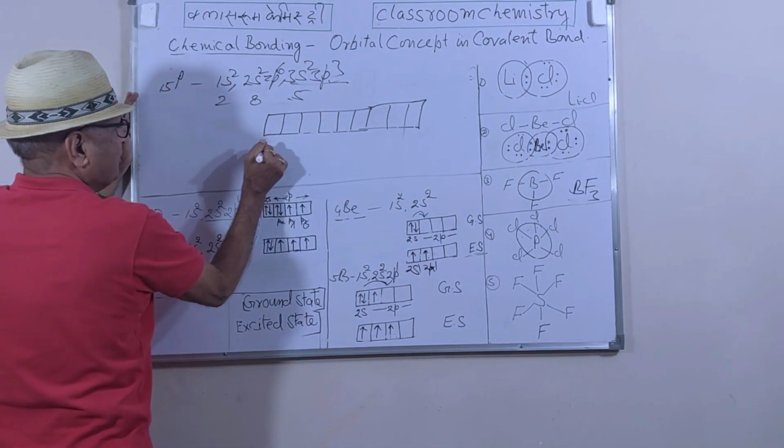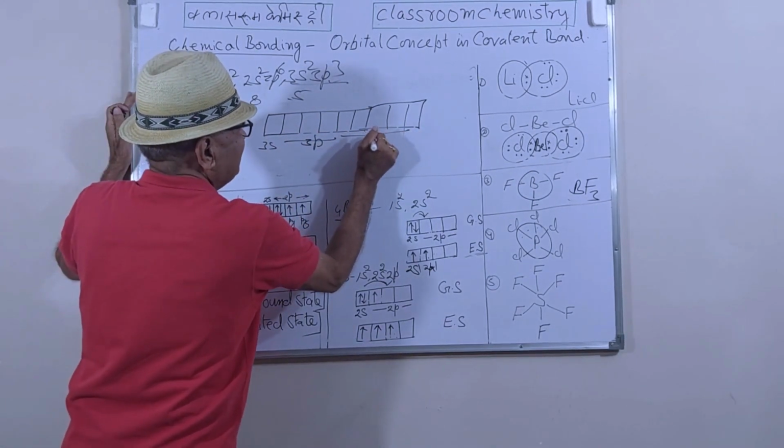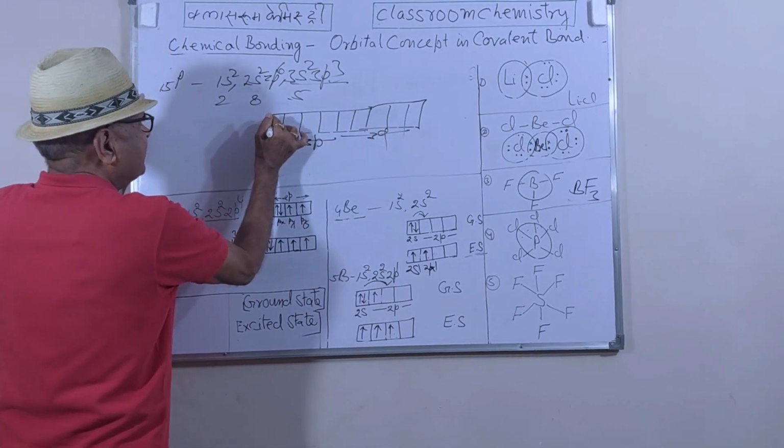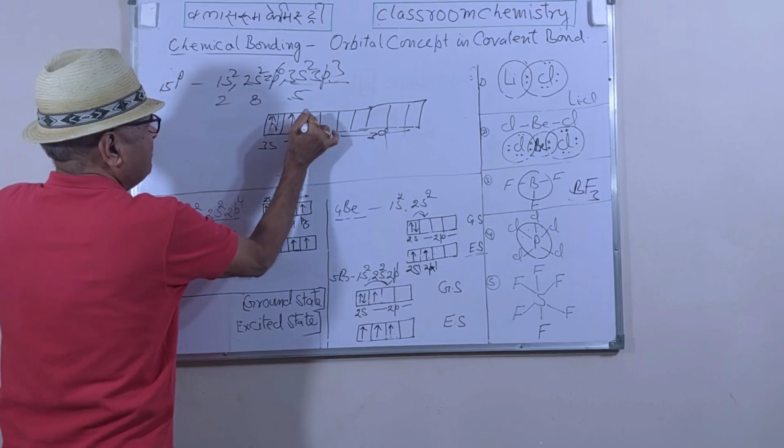Here this is 3s, these are the 3p and these are the 3d. So in the ground state it has 3s2 and 3p3.